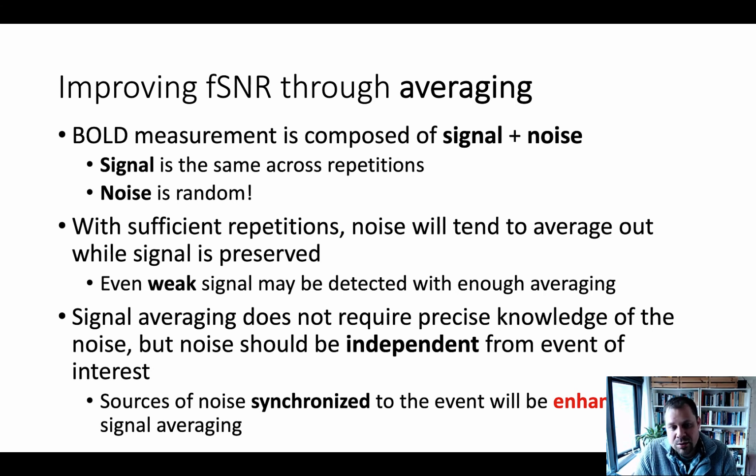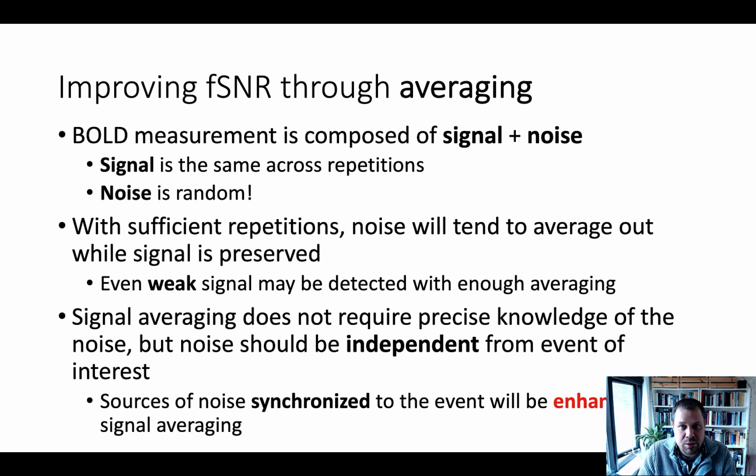Now there are sources of noise that are synchronized to the event. For instance, let's go back to studies that use electrical shock. If you give electrical shocks at specific time points, let's say before a decision is made, then you have a problem where you enhance all of the physiological reactions, which are basically noise in response to a shock that occurs before a decision, via signal averaging.